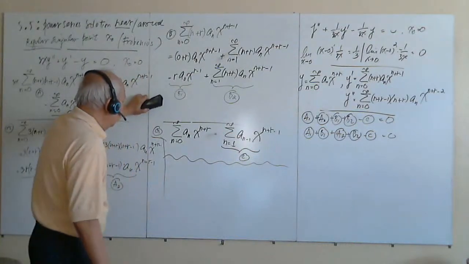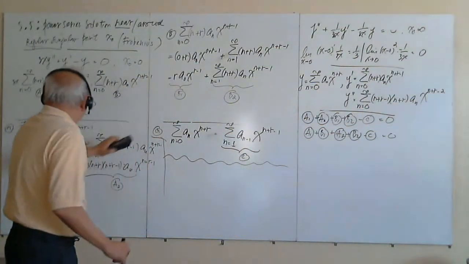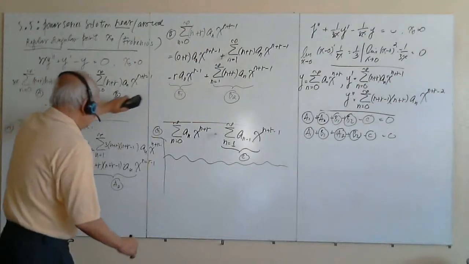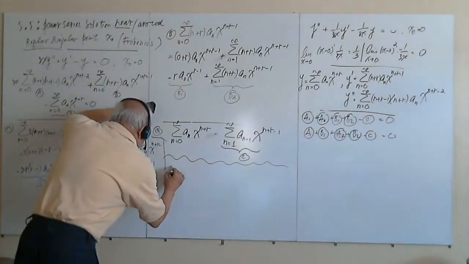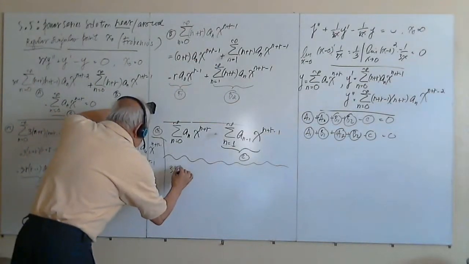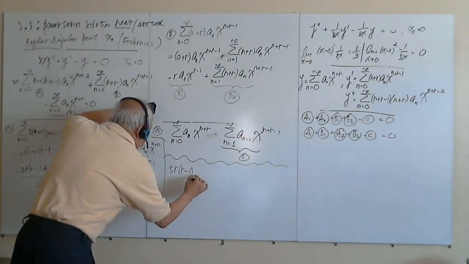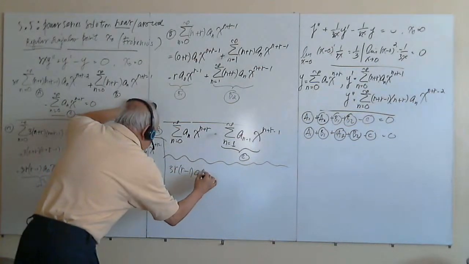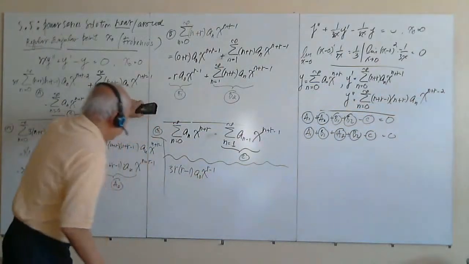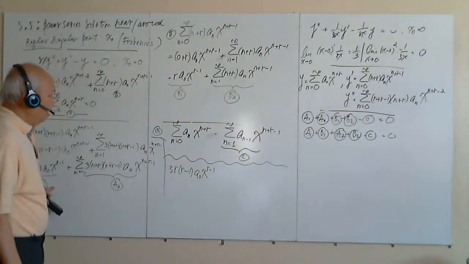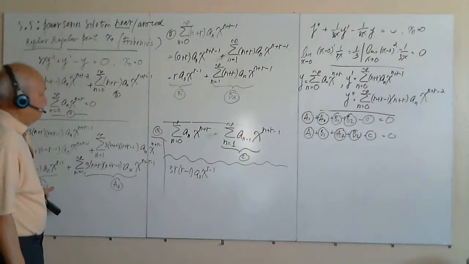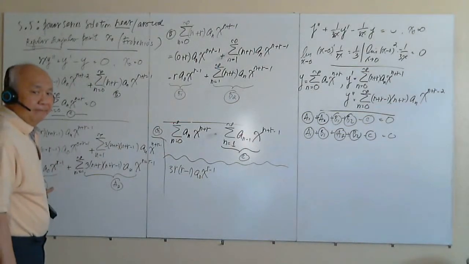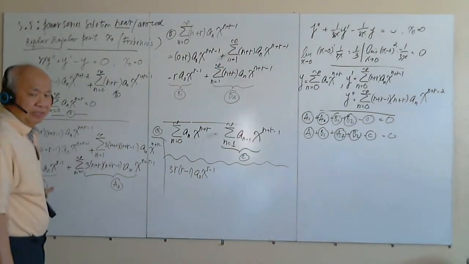Okay, so let's see what happened here. A1 is this one. A1 here gives me 3r times r minus 1, a sub 0, and then x to the r minus 1. Am I correct? So this is exactly what A1 says. Can everybody follow me? Am I talking too fast or not?